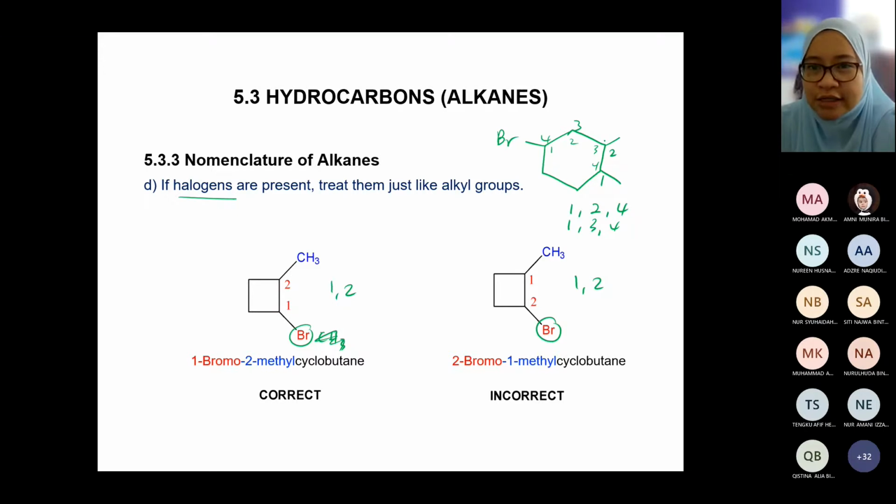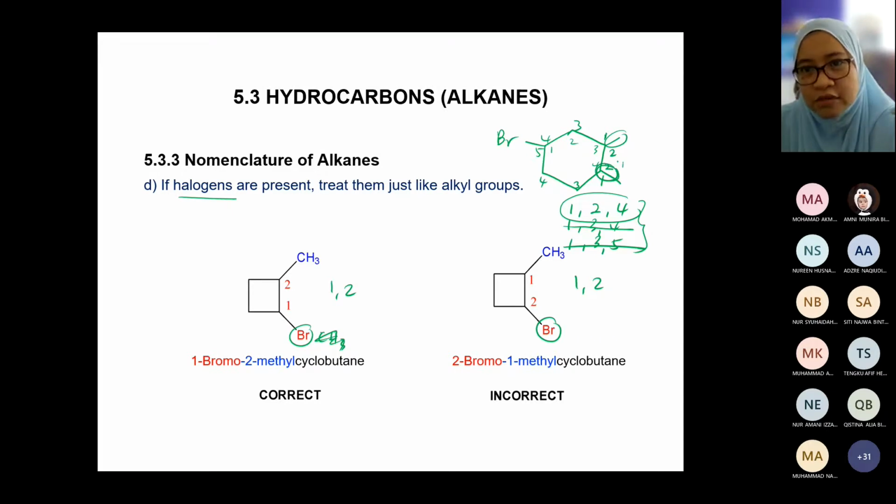If you start from this one, we try and error. This is 1, 2, 3, 4, 5. What do you get? 1, 3, 5. So which is the smallest? After you have tried all, this is out, this is out. You will get 1, 2, 4. It means you have to start from here. Methyl, 1, 2, 3. This one.